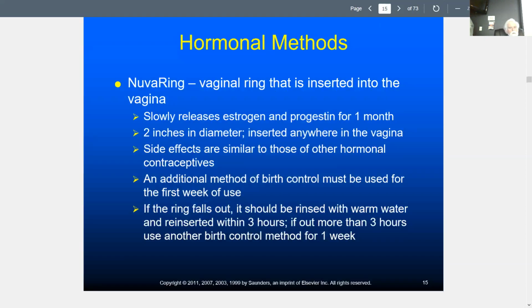The NuvaRing is something that came out about 8-10 years ago. That's a NuvaRing, not Depo. Well, the NuvaRing is pretty effective, and it uses a different set of hormones than Depo.